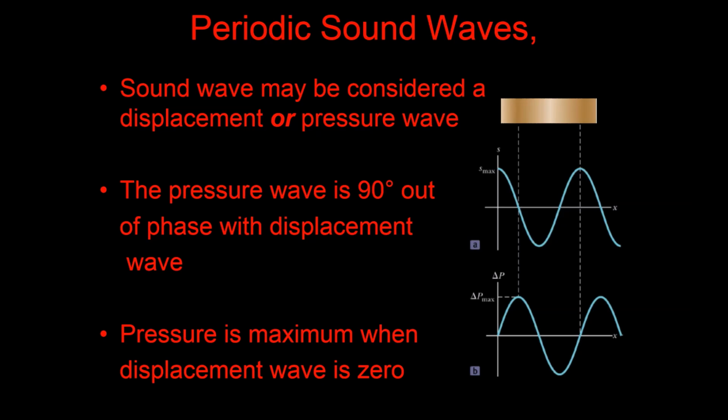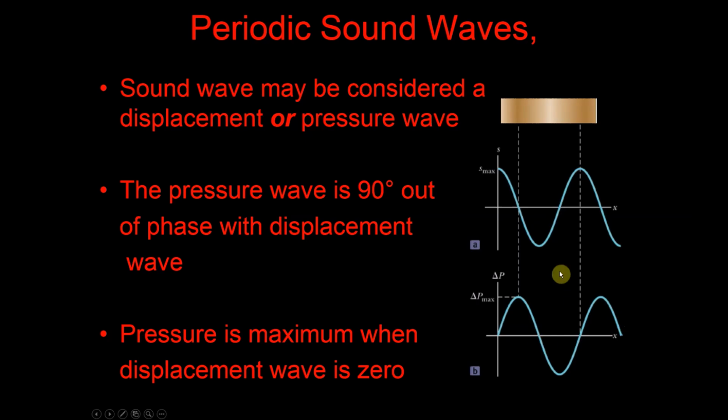So as we said, sound waves are considered to be displacement or pressure waves. A pressure wave here is 90 degrees out of phase with our displacement wave. And this should make sense, as it's essentially the pressure wave that gives rise to the displacement. So pressure is maximum when the displacement wave is at a zero.